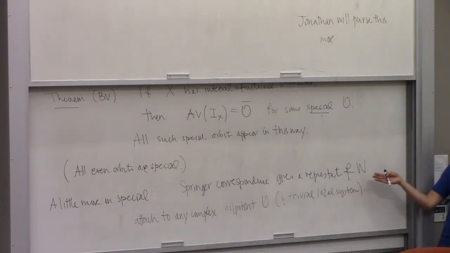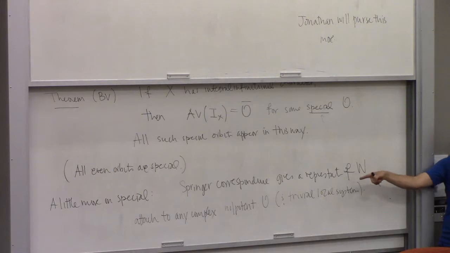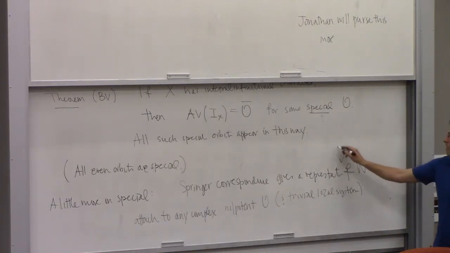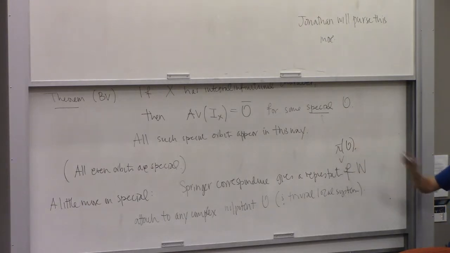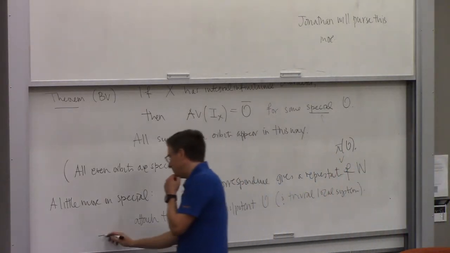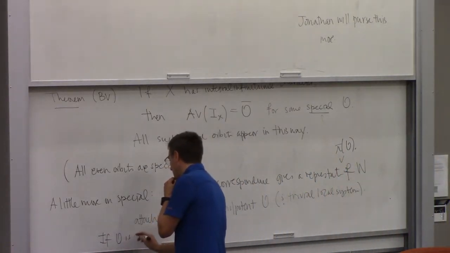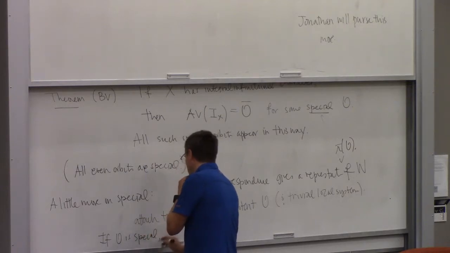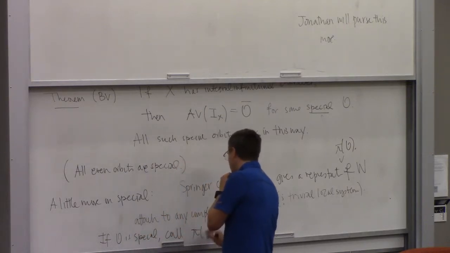So one thing you can do with a complex orbit is take the trivial local system on it, apply the Springer correspondence, and get a representation, which I'll call pi of O, of the Weyl group corresponding to this nilpotent orbit. If O is special, you call pi of O special.